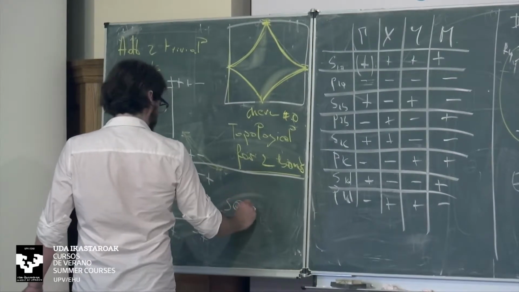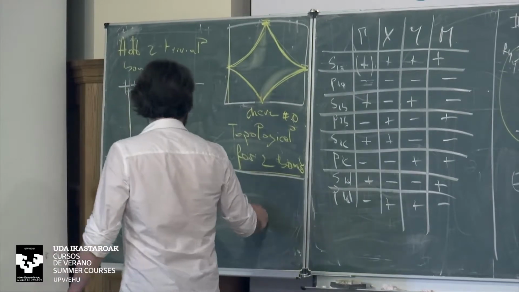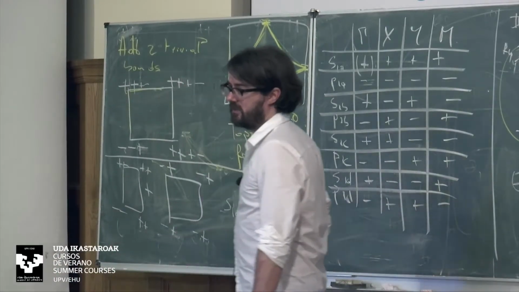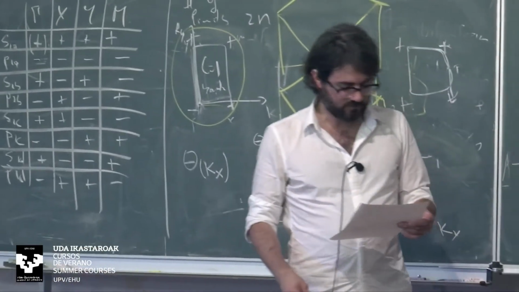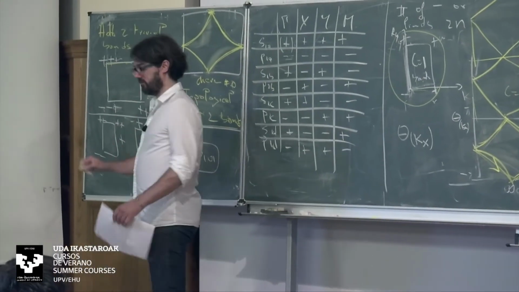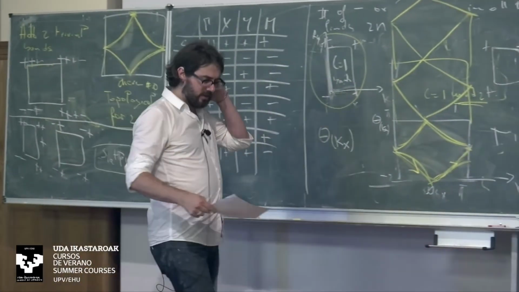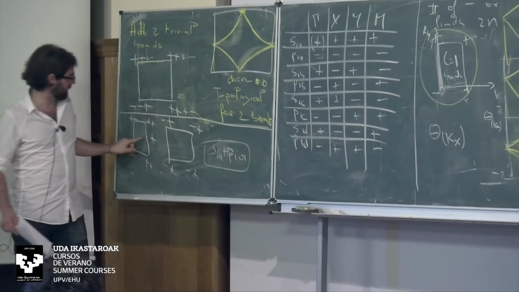Yes, please tell me. S1A plus P1A. Yeah, okay, very good. Yes, thank you. Exactly, they're S1A plus P1A. Okay, so these bands that I've added are atomic. Okay, and I've added them to a topological, because this has Wilson loop winding.